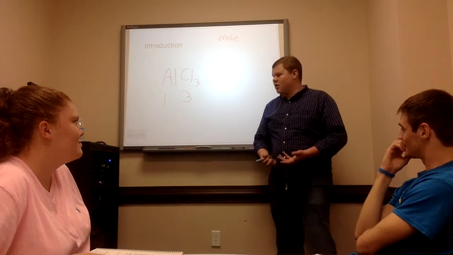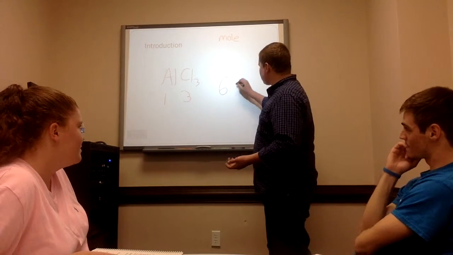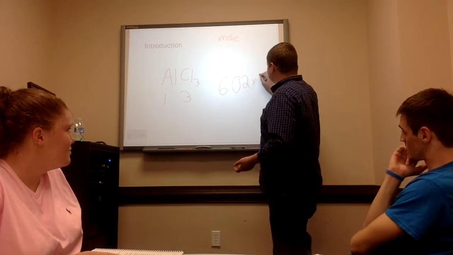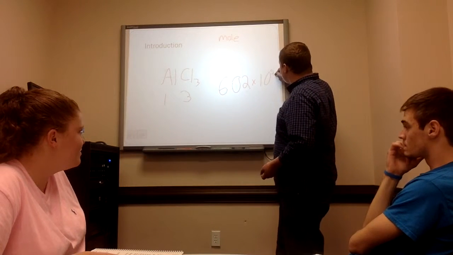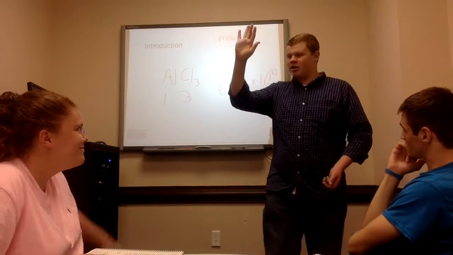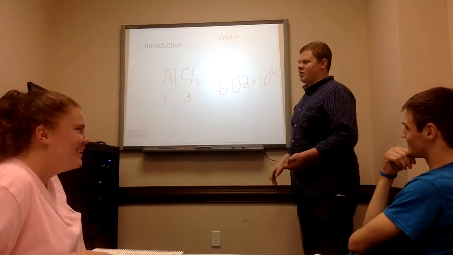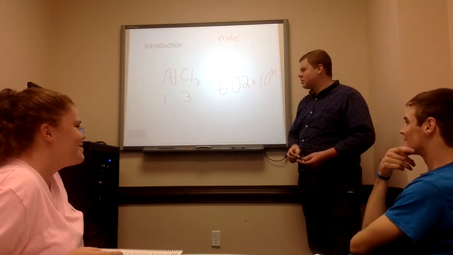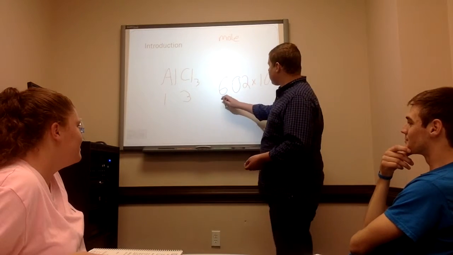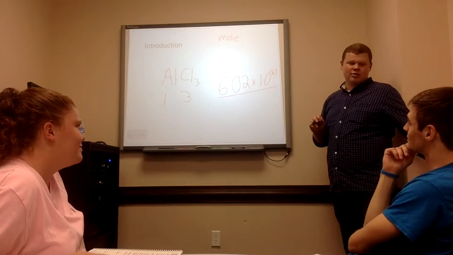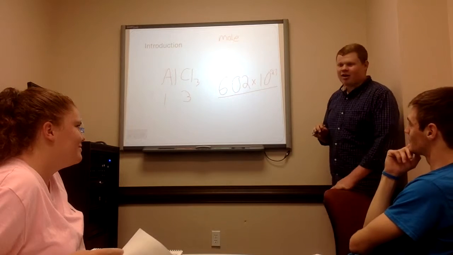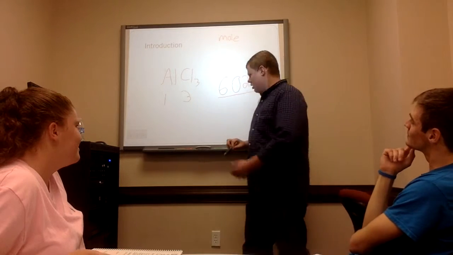Pretty much. Which is 6.02 times 10 to the 23rd. Good job. You get brownie points. This is called what number, Levi? Avogadro's number.